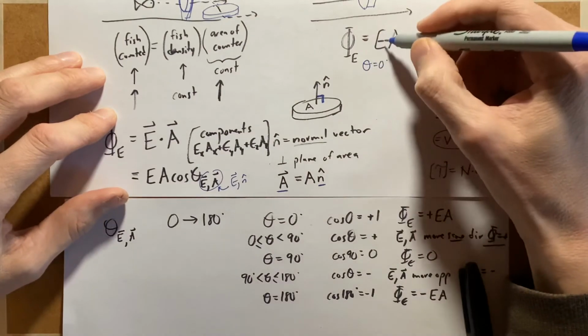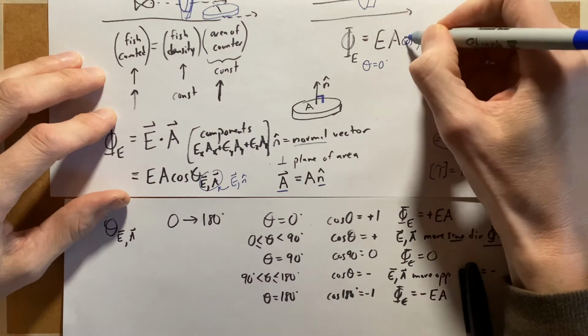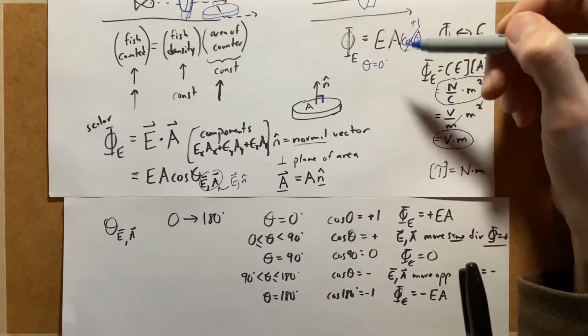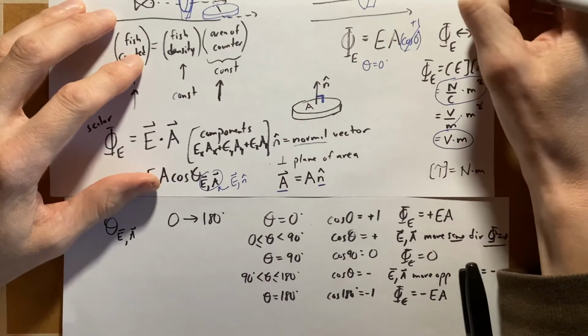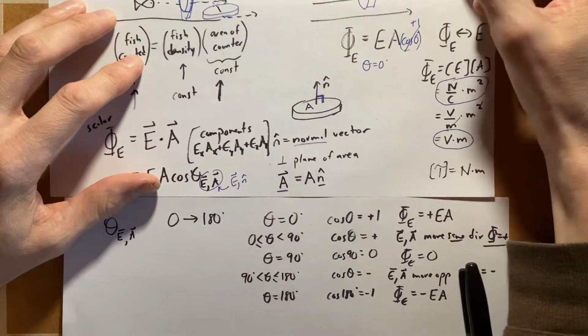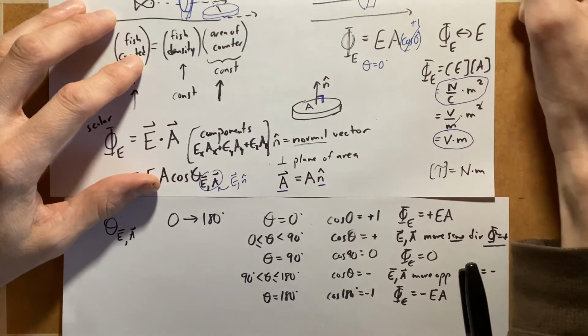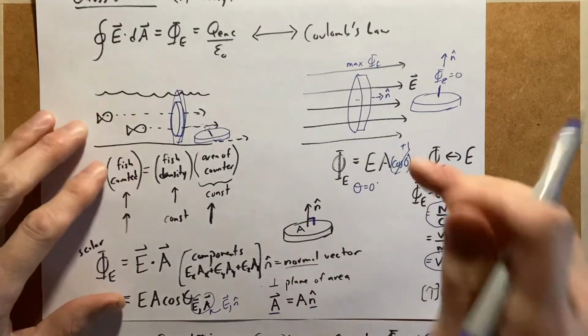And so my original formula EA was totally fine because cosine of 0 is, of course, +1. So that one was just fine. Over here, now my normal vector, let's say it's upward.